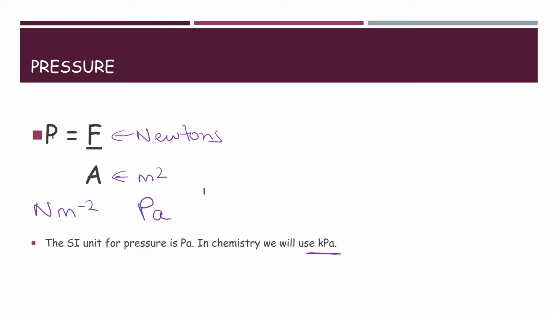Now, there are, of course, other units of pressure. These include atmospheres, millimeters of mercury, and bar.